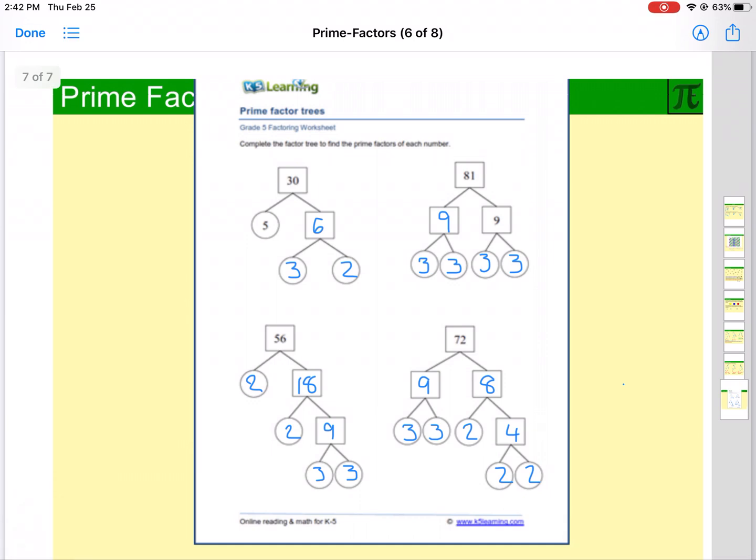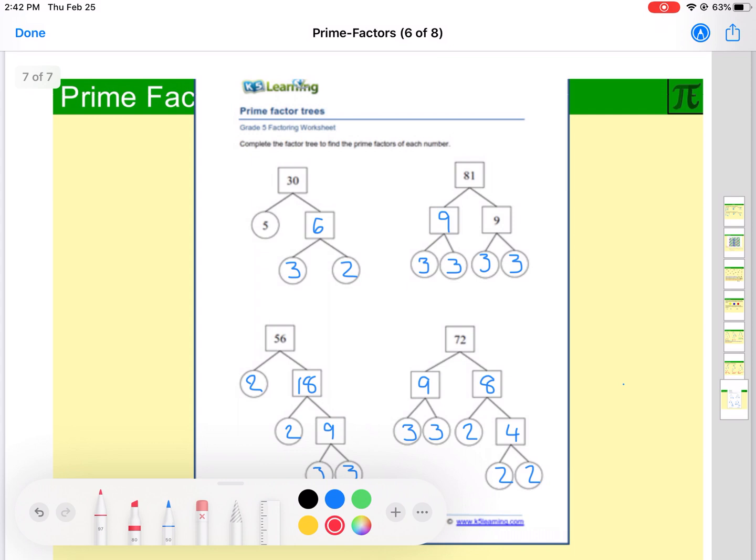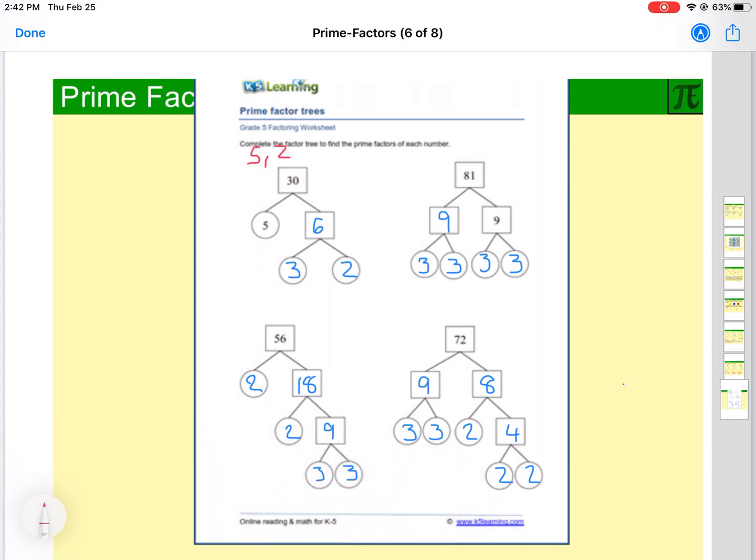Okay? So the idea today is that we're making these factor trees to try and find out the prime factors of certain numbers for one, but also the prime decomposition. So the prime factors are the numbers on their own. For 30 it is 5, 2 and 3. Those are the prime factors of 30.